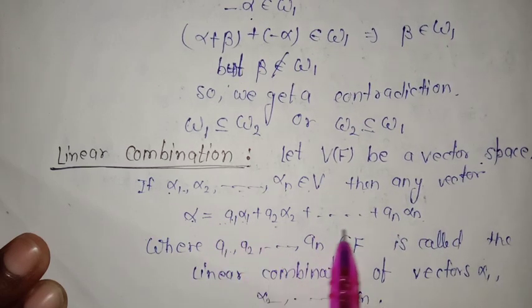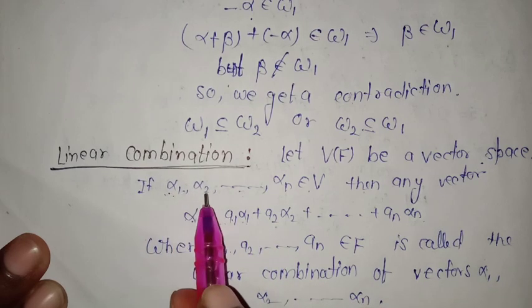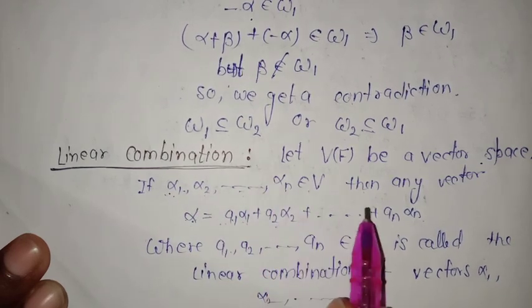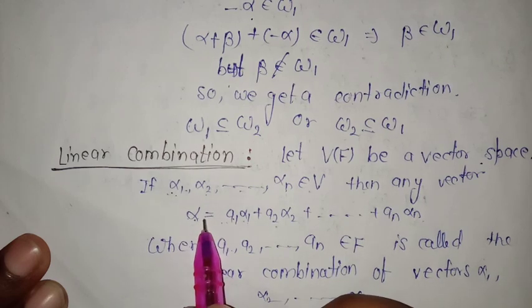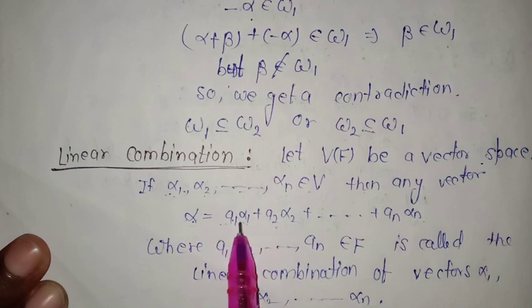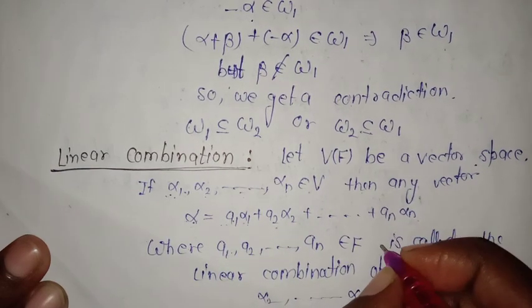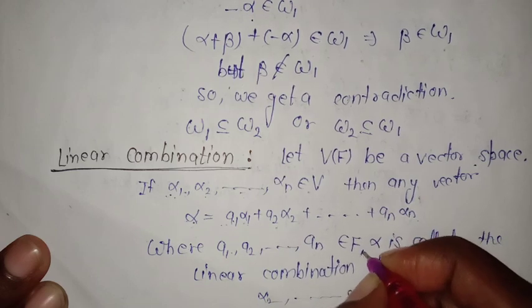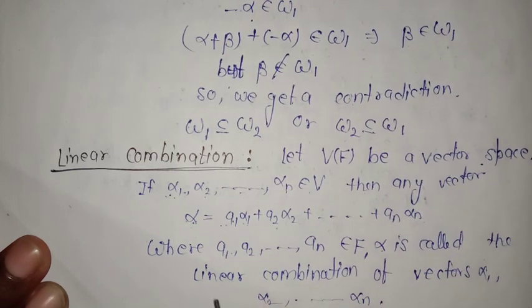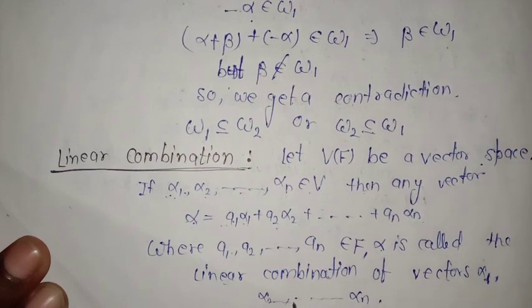The element formed by this is called the linear combination of the vectors alpha 1, alpha 2 and so on alpha n. We equate it to a new vector alpha, and this vector alpha is called the linear combination of the vectors alpha 1, alpha 2 and so on alpha n. So from here you can write alpha, and alpha is called the linear combination of vectors alpha 1, alpha 2 and so on alpha n.